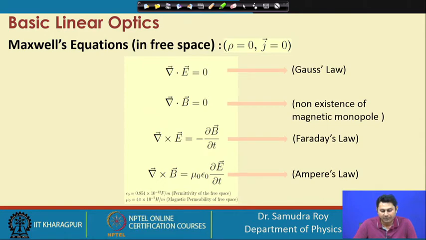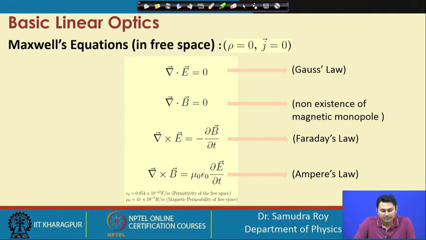Then we have a couple of equations with cross terms, that means curl of E is equal to minus del B del t, and curl of B is equal to mu 0 epsilon 0 del E del t. By the way, epsilon 0 is the permittivity of free space, and mu 0 is the magnetic permeability of free space. These two are constants of the system.